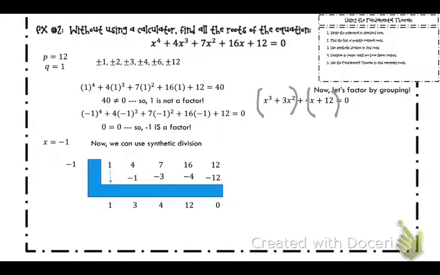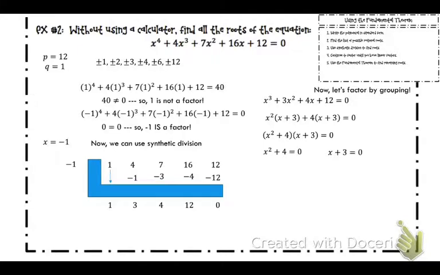When I group these second 2, I can take out a 4, and I'm left with x plus 3 again. So then I'm left with x squared times x plus 3 plus 4 times x plus 3. So you can break those up. The x plus 3 gets pulled out, so that's its own parenthesis. x squared plus 4 is its own parenthesis.